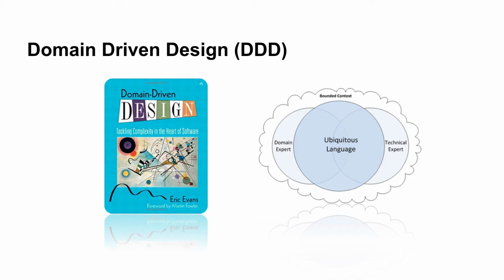And the ubiquitous language is a common, understood language between the technical experts and the domain experts, the business experts. And why this is so important, especially when you're talking about data and analytics, is that you need this common ground in order to collaborate. And I think the ubiquitous language is a quite good term for creating that.